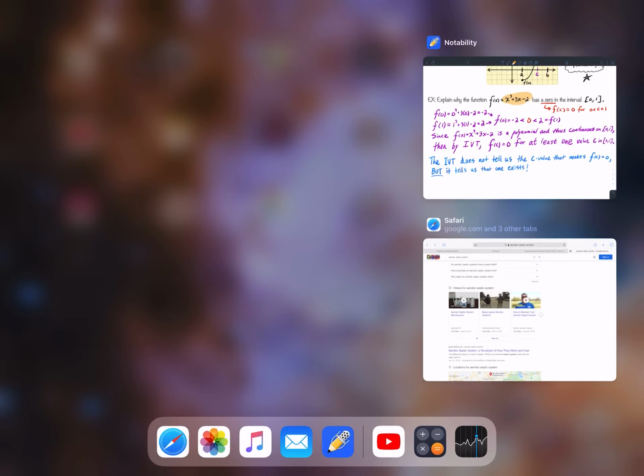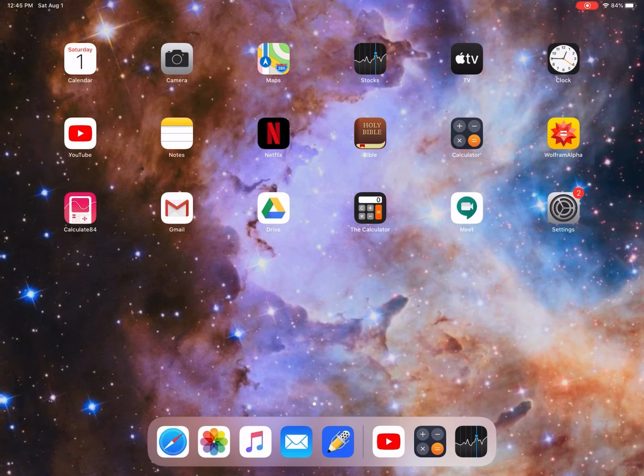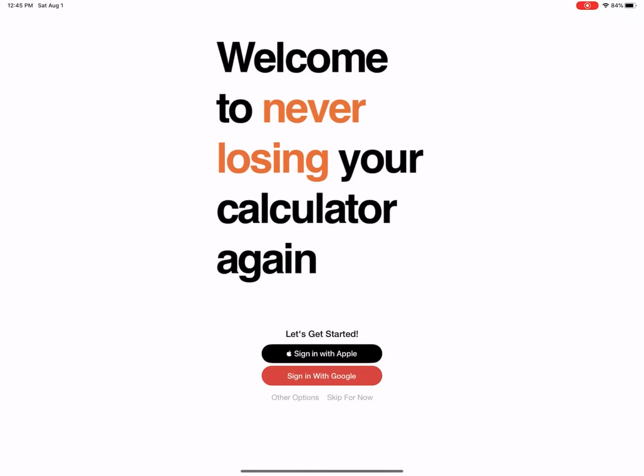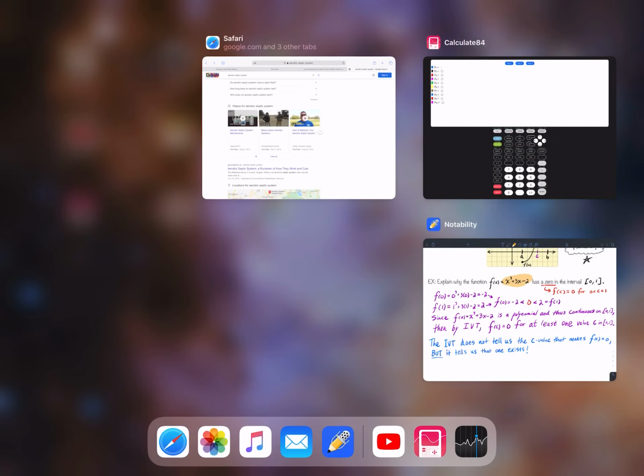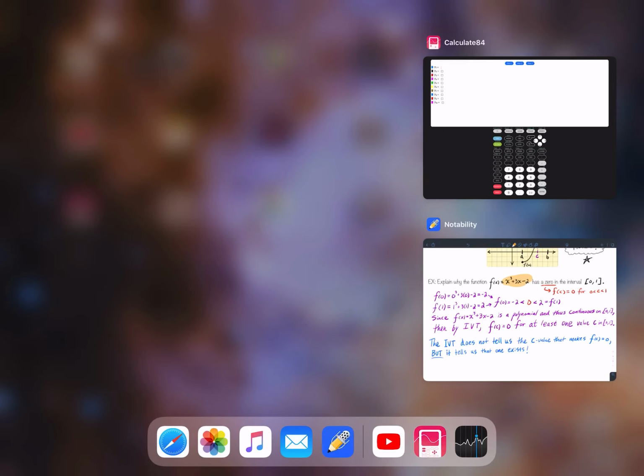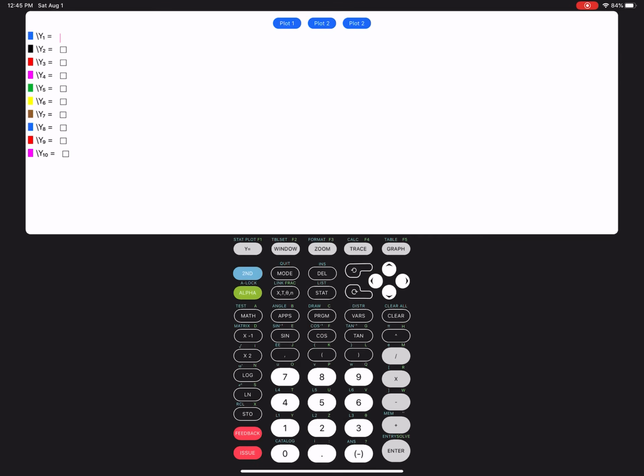So if I use my calculator, if I go to graph, what is my function? My function is x cubed plus 3x minus 2. So x cubed and then plus 3x and then minus 2.